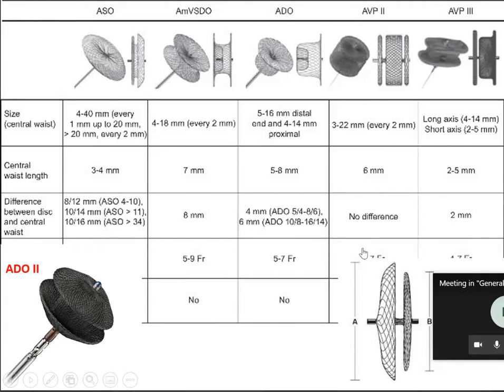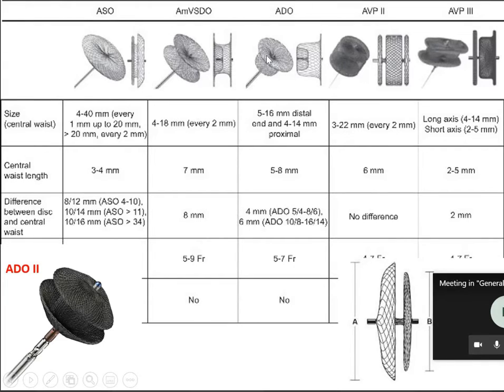Okay, these are the different types of devices. You should know these things. This is the ASD device where the left atrial disc is bigger. But in a PFO device, which disc will be bigger? The RA disc will be bigger. This is a muscular VSD device which we have already seen.